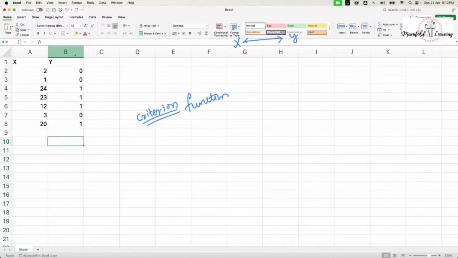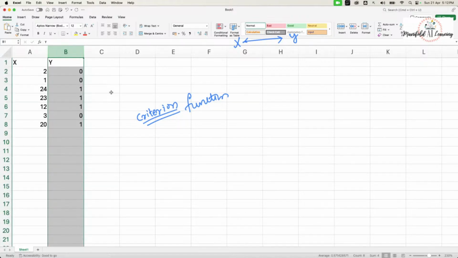From that perspective, I'll be interested in this column of Y, which is nothing but the target variable. Now let's find the probability: if I pick any random row, what is the probability that it belongs to a specific class?